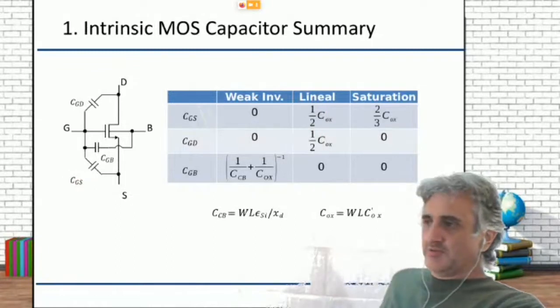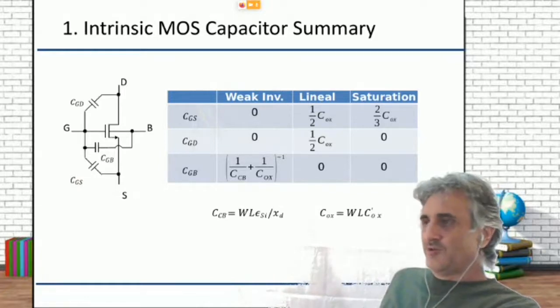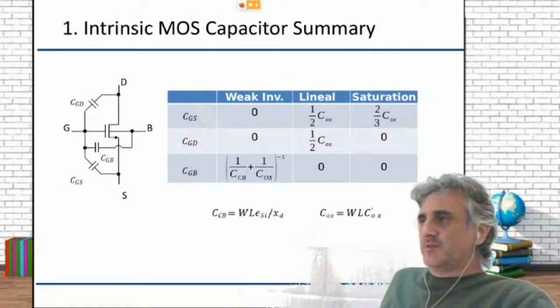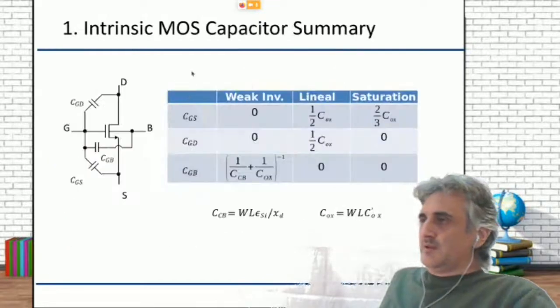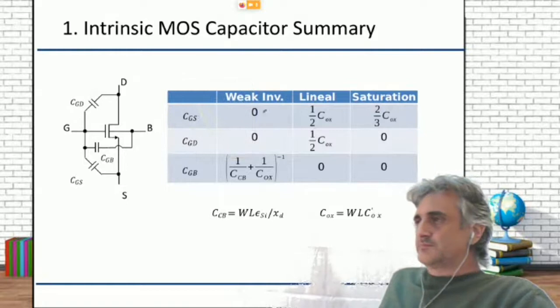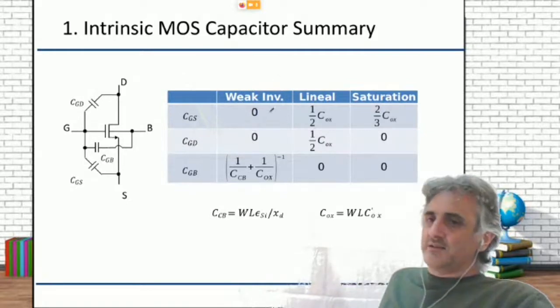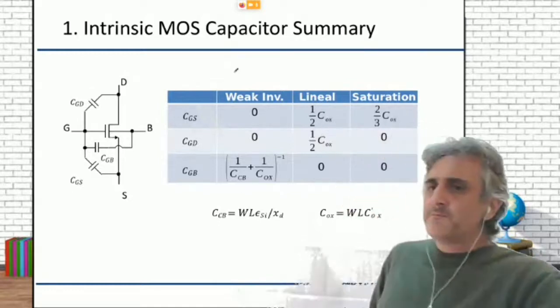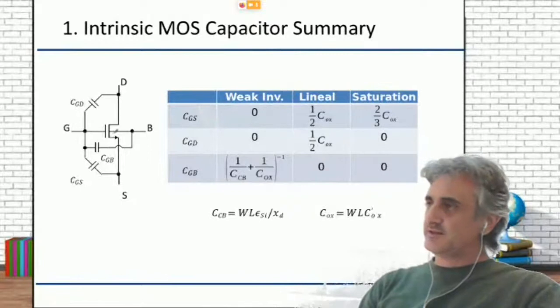So finally, what we get is this. This is the summary of all the intrinsic MOS capacitances. We have this at weak inversion, which is under the threshold. We get that CGS is 0.